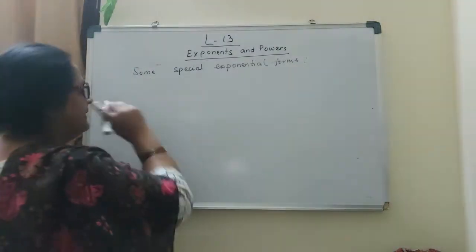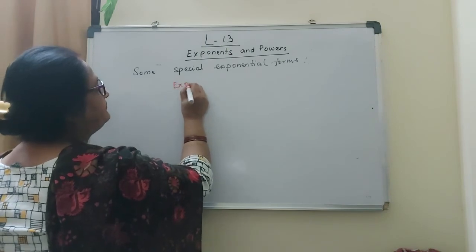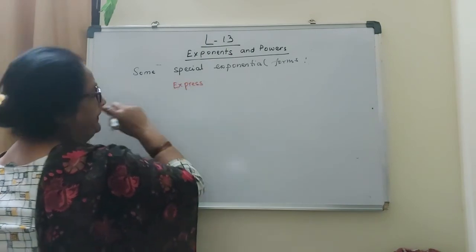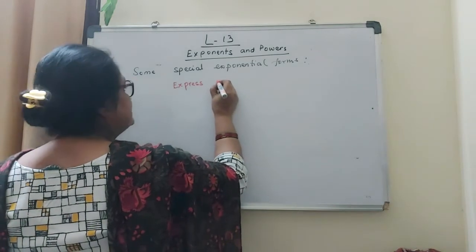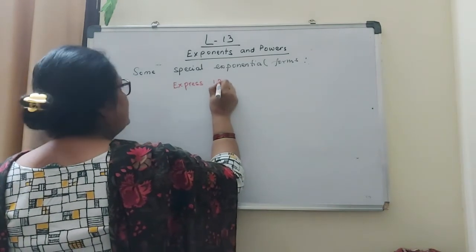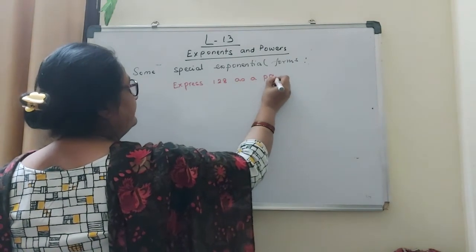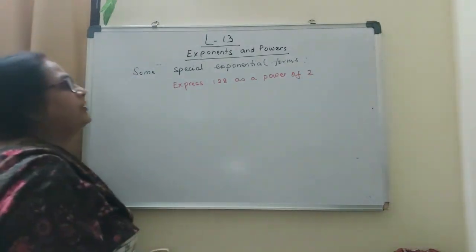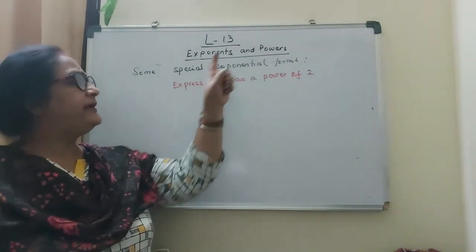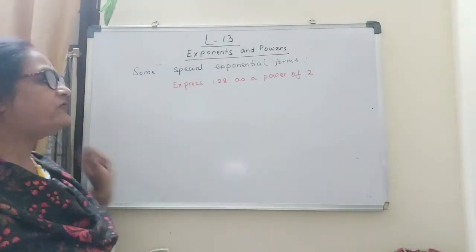For example, say express 128 as a power of 2. To express 128 as a power of 2 means you have to find the prime factors of 128.